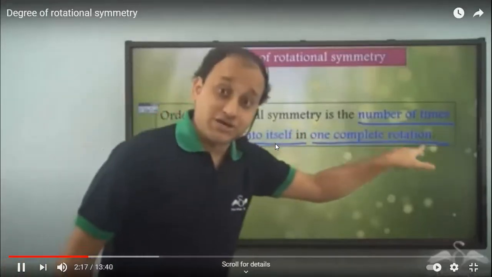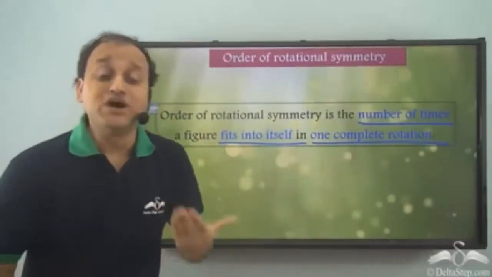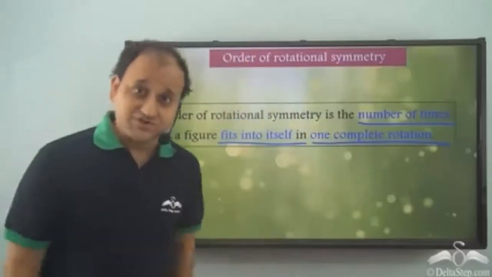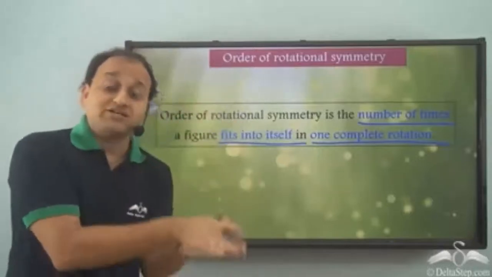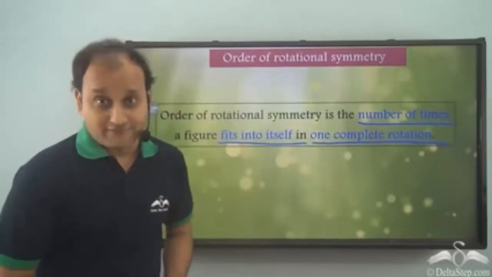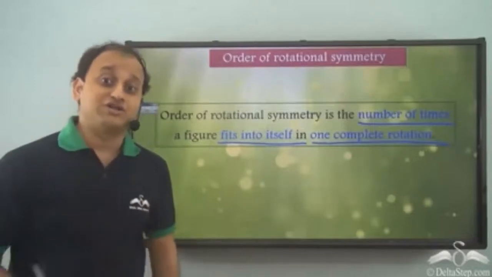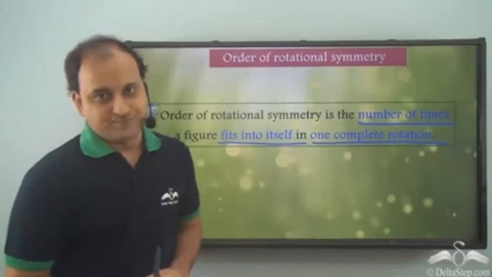In one complete rotation, how many times does a figure fit into itself? So, what exactly is order of rotational symmetry? Well, it is the number of times an object or shape fits into itself when we are talking about one complete rotation.